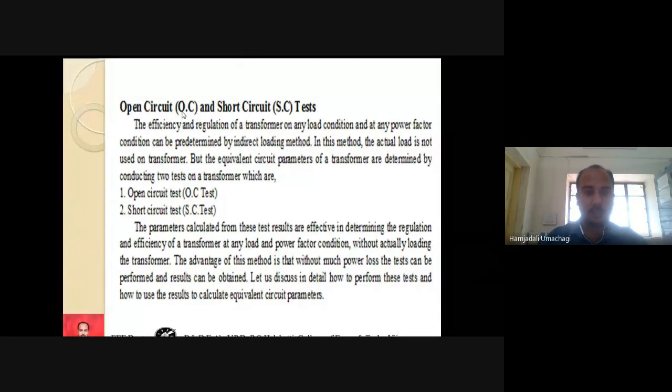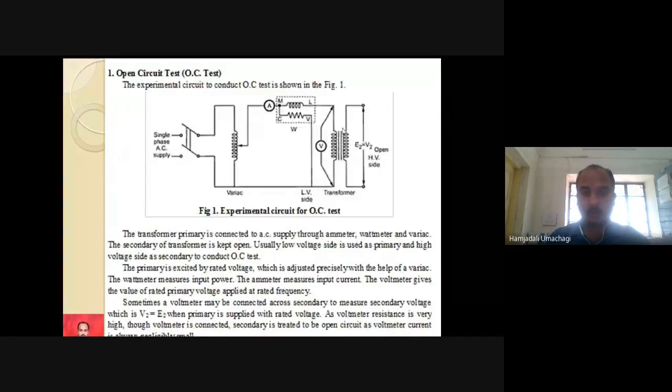Open circuit test means don't connect any load. Load should be disconnected on the secondary side. Short circuit test means short the secondary terminals of the transformer. But there are some rules for conducting OC and SC test. For OC test, what is the rule? Secondary side should be kept open.